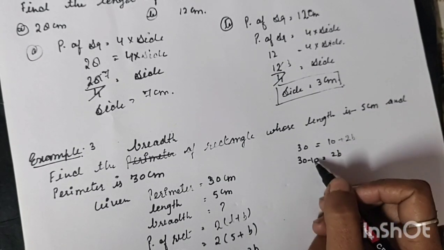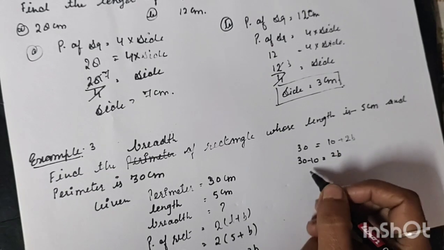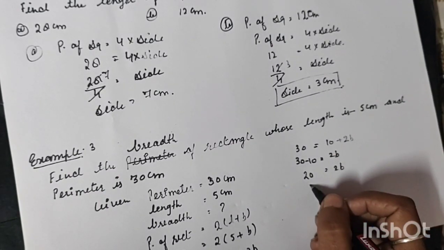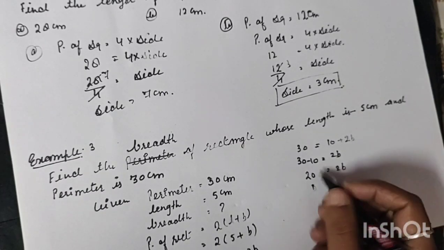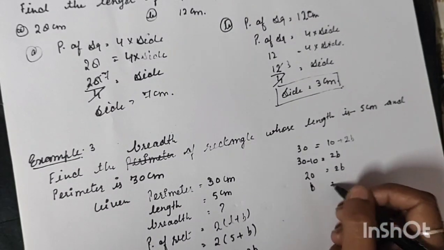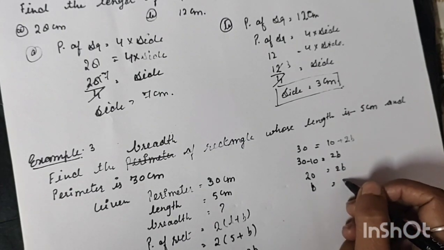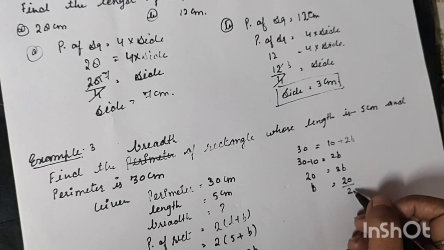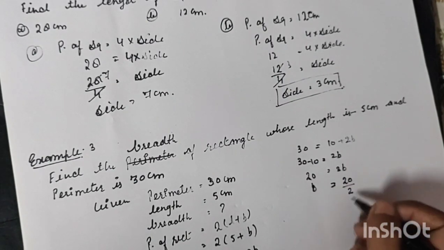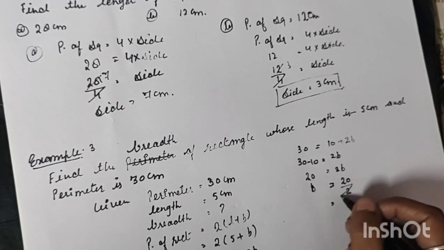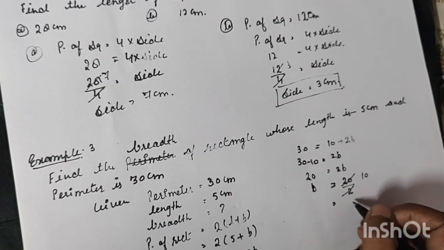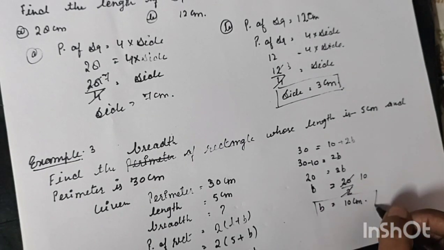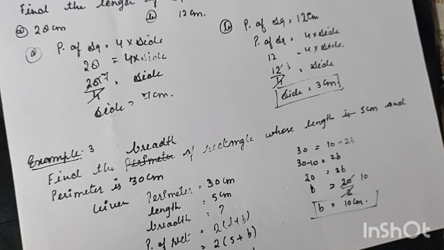This 10 will become minus when it changes side. It will become 20. 30 minus 10 is equal to 2B, and B is equal to 20 upon 2. This 2 will be divided into 20. Then 2 tens are 20. The answer will be 10 centimeters. The breadth of the rectangle is 10 centimeters.